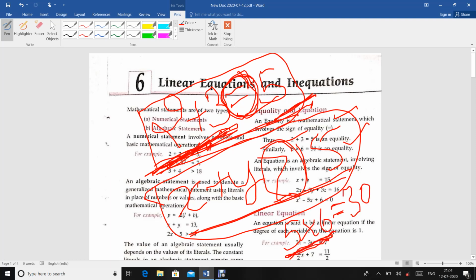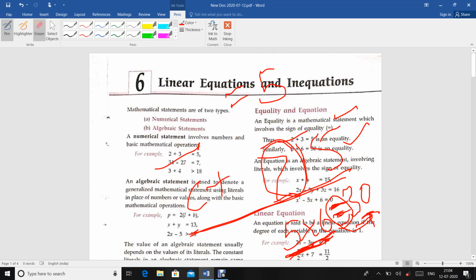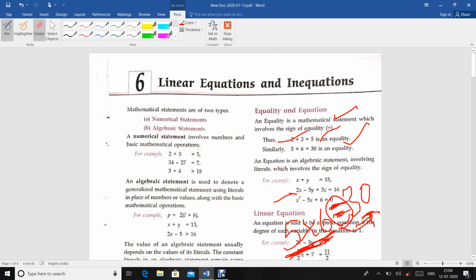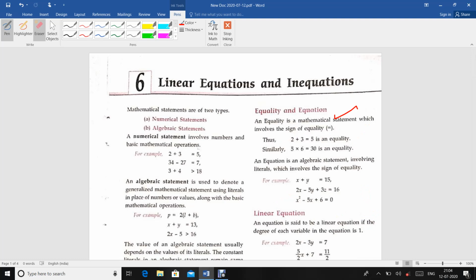This statement has the equal sign, so we can say that it is an equation. So a statement with the sign of equal is an equation.